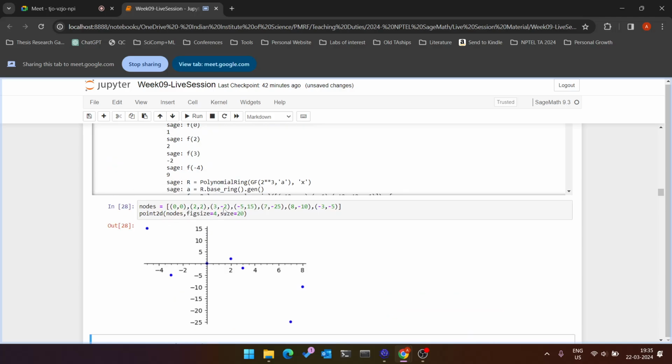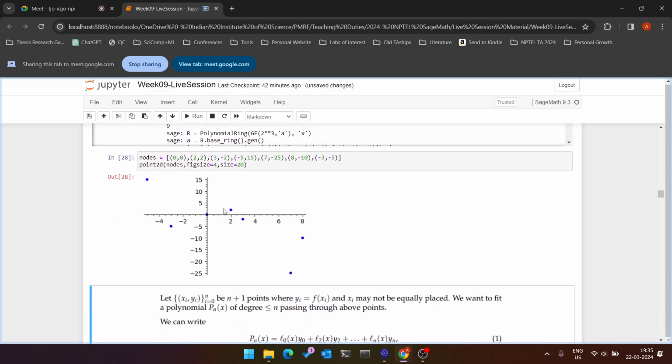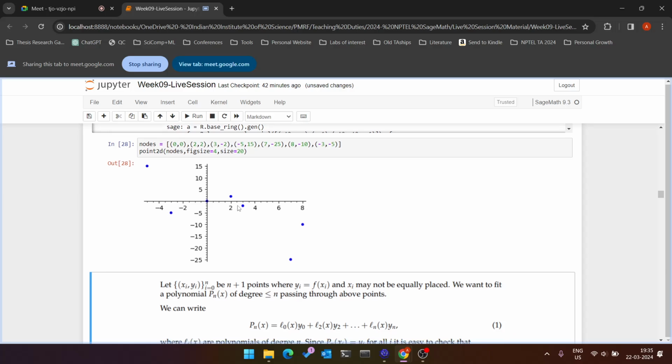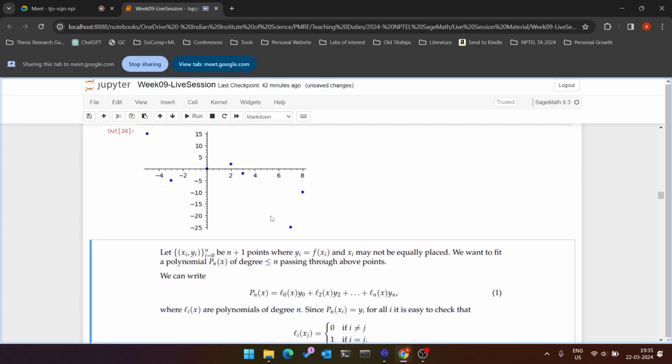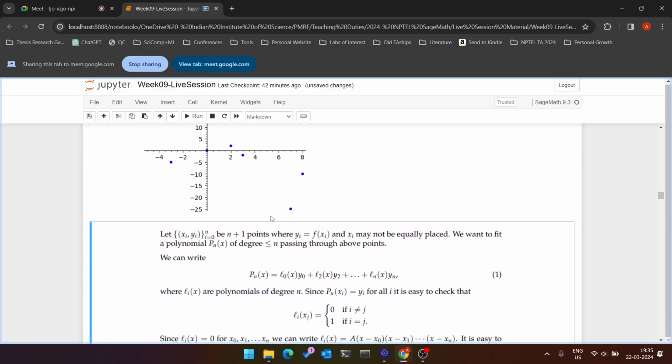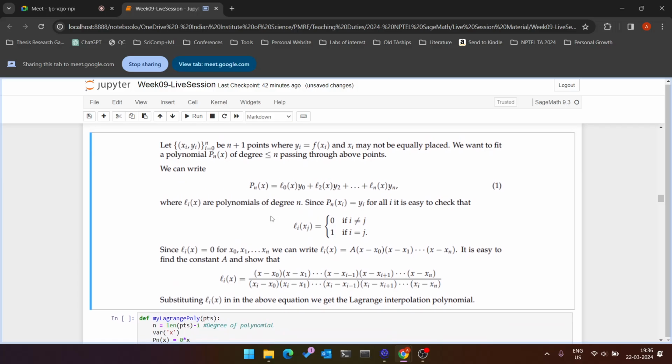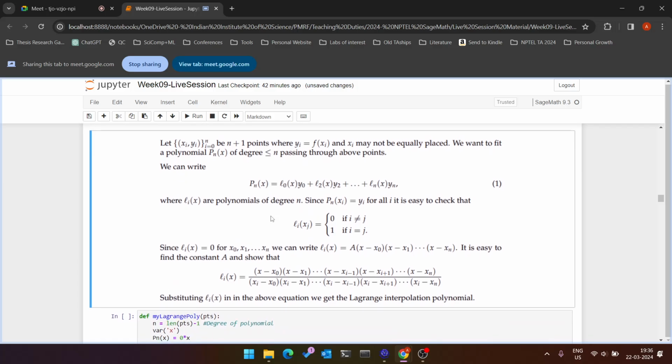As you can also see, one of the features of the Lagrange polynomial method is it doesn't require the points to be equally spaced along, say, the x-axis here. So even then it can work, and the theory of that is pretty simple. Suppose we have n plus 1 points, xi, yi, i going from 0 to n.